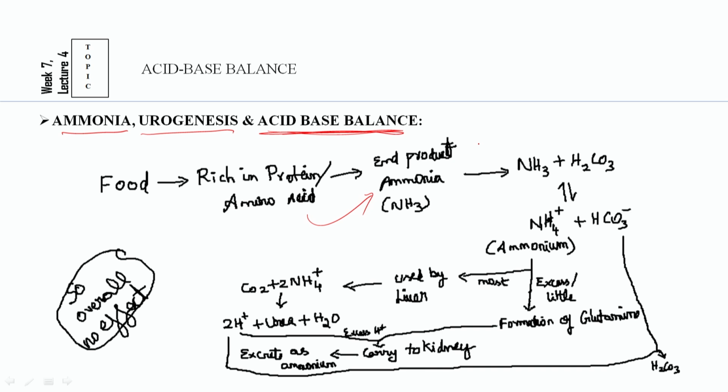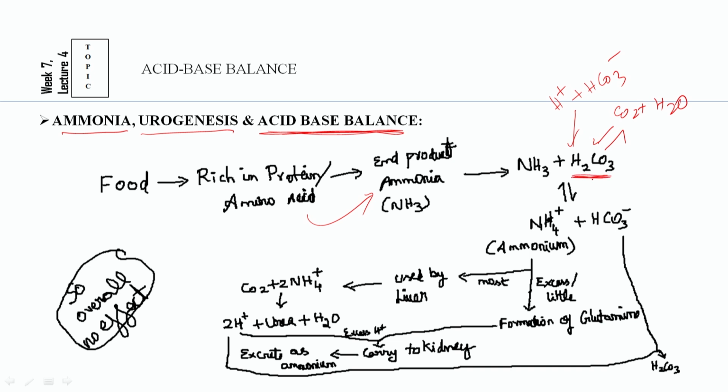Due to that, this ammonia will react with carbonic acid. From where is this carbonic acid produced? It is produced by carbon dioxide plus H2O, or it can also be produced when hydrogen ion reacts with bicarbonate HCO3 minus, which yields carbonic acid.